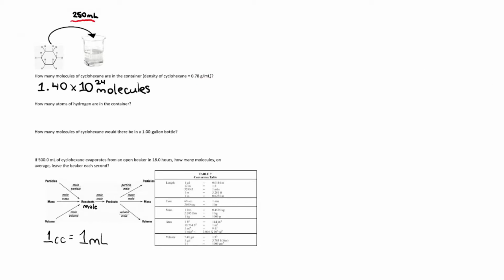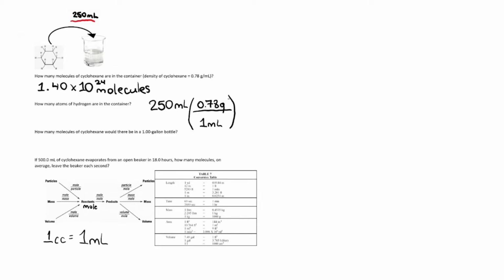All right, the next one is, how many atoms of hydrogen are in the container? So we're going to start off with 250 milliliters. We're going to convert milliliters to grams again. So for every 1 milliliter, we're going to have 0.78 grams.